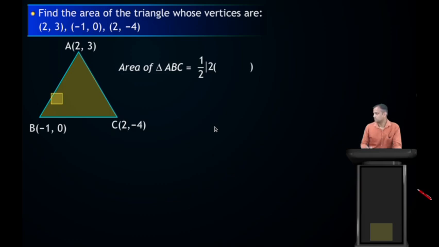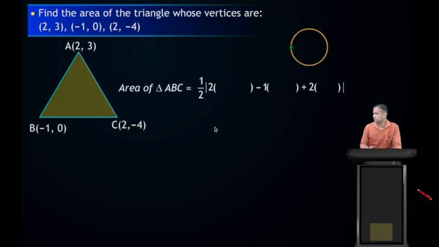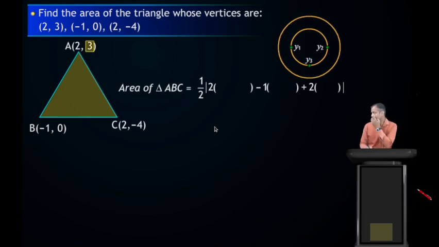Again it is x1, then next is y2 minus y3. So you can write 2, then minus 1, then plus 2. Again start with y2 minus y3. So these points are given: 3, 0 and minus 4.